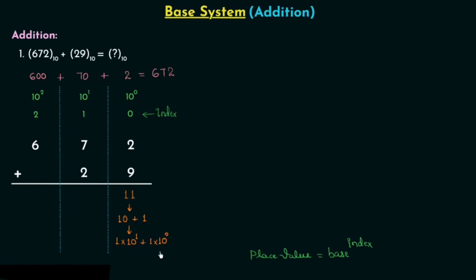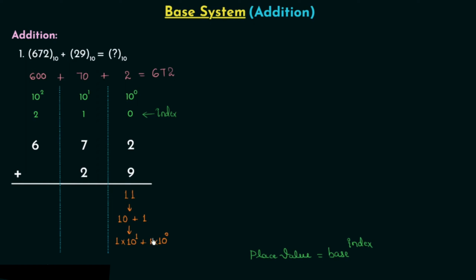This 1 has the place value equal to 10 raised to power 0, which is the place value of this column. So this 1 can remain in this column, but this one is having the place value equal to 10 raised to power 1, and 10 raised to power 1 is the place value of this column. So this one cannot remain in this column, it has to go to this column.